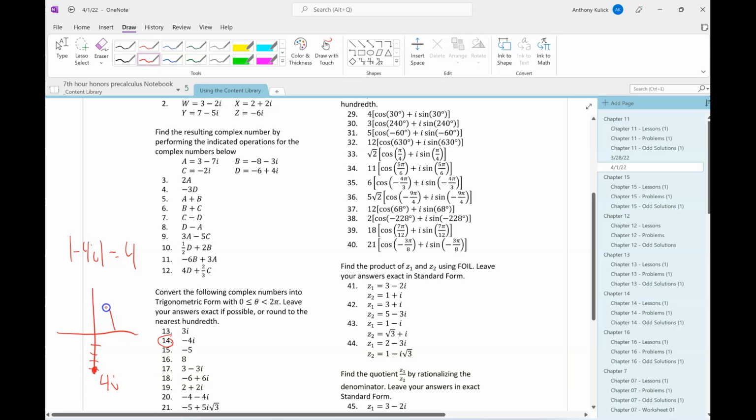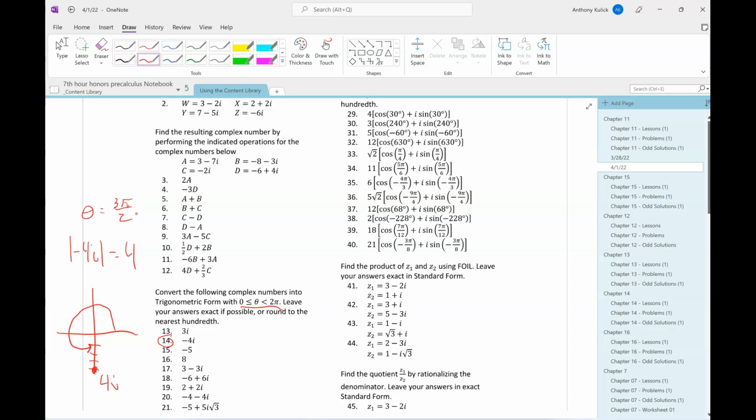And the theta is going to be, what angle is that? 270, or since it's asking it between 0 and 2 pi, 3 pi over 2. So I'll just say 4 times cosine 3 pi over 2 plus i sine 3 pi over 2. Done.